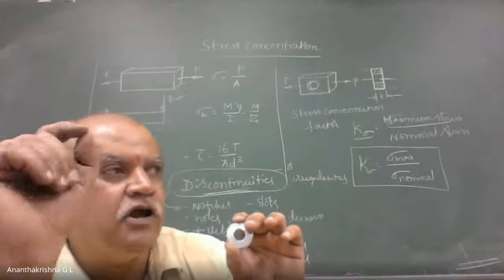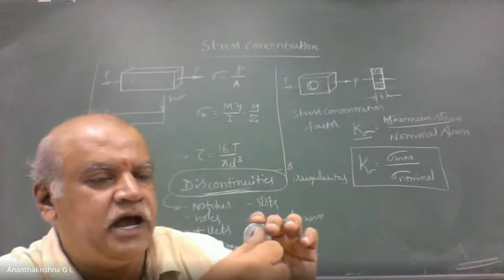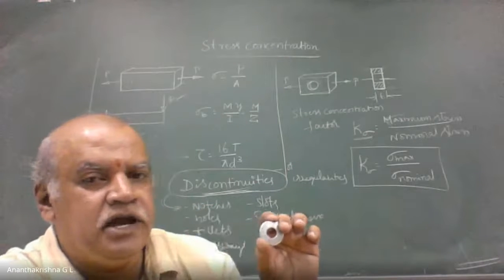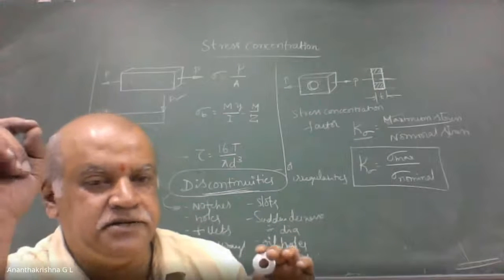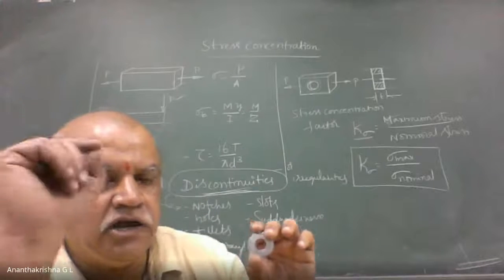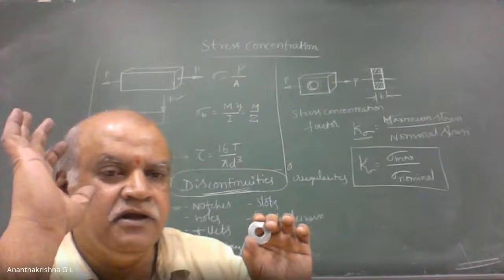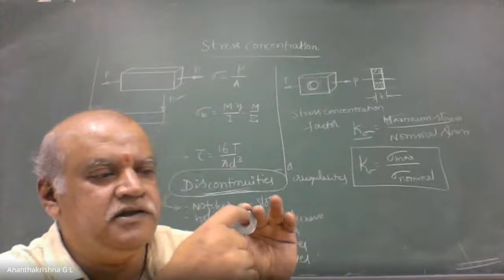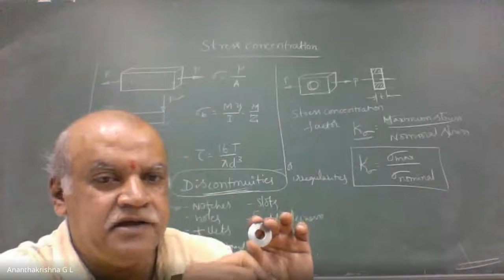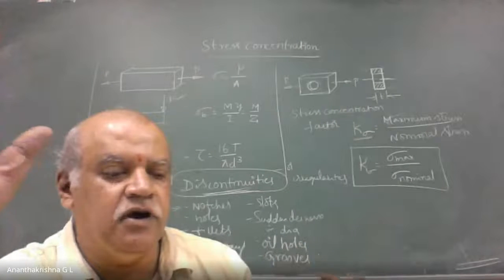Because of localization of stresses, the cracks start, and because of repeated usage these cracks will propagate and eventually failure will take place. So why cracks generate is because of localization of stresses. Localization of stresses occurs because of the presence of discontinuities. So around discontinuities there is localization of stresses which leads to formation of cracks. These cracks eventually propagate and lead to failure of the component.